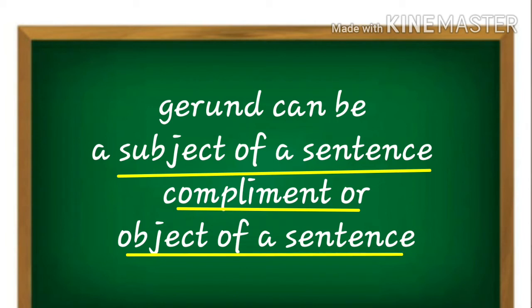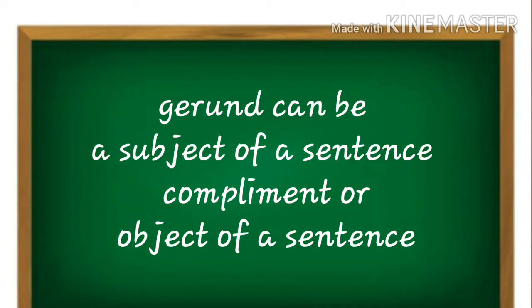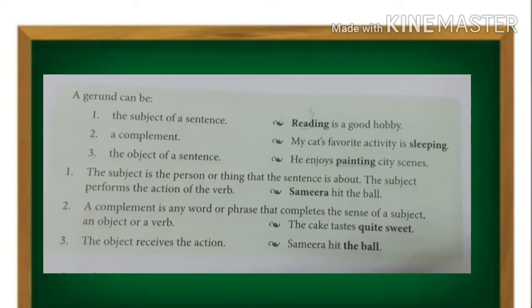Okay, so what is a subject? The subject is the person or thing that the sentence is about, right? The subject performs the action of the verb, right? See, Samira hits the ball. So Samira is the subject here in the sentence, right?